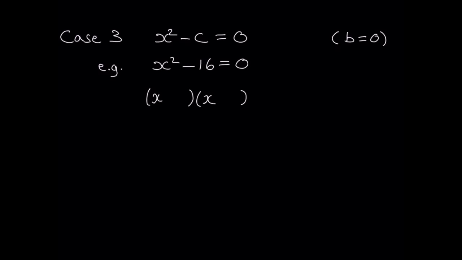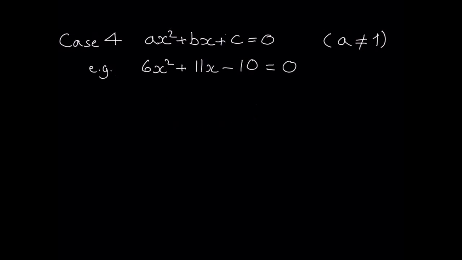So we want the factors of negative 16, which will add up to 0: minus 4, and plus or positive 4. So the solutions, in this case, are going to be x equals 4 and x equals negative 4. A quadratic expressed in this particular form is sometimes called the difference between squares. Obviously, the c in this case is a perfect square.